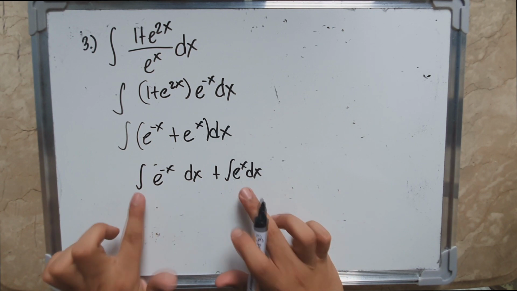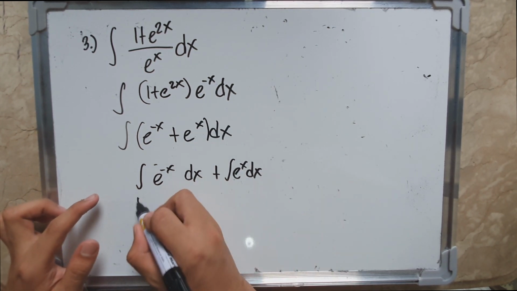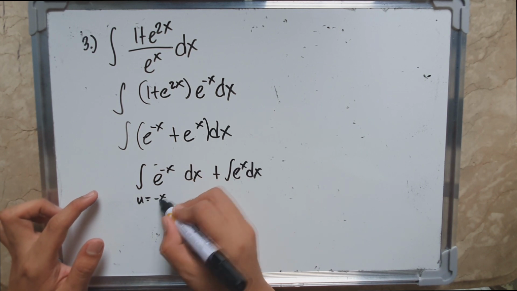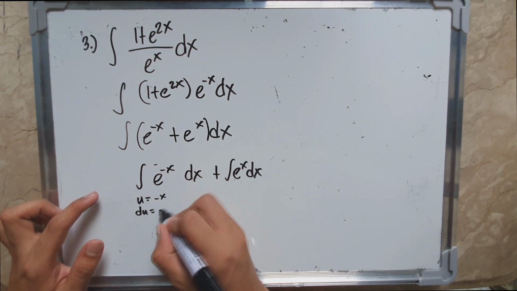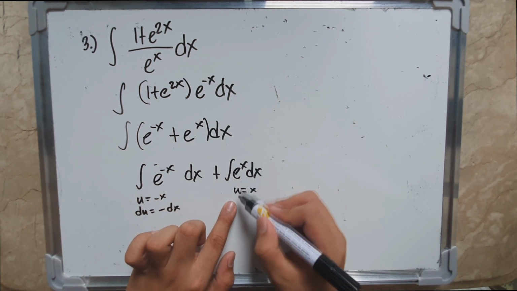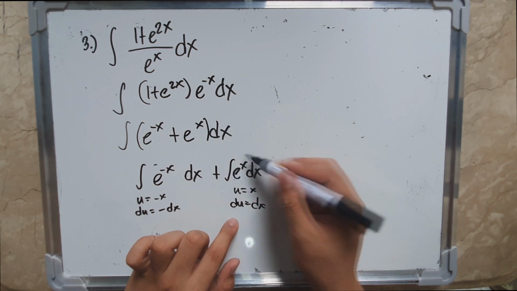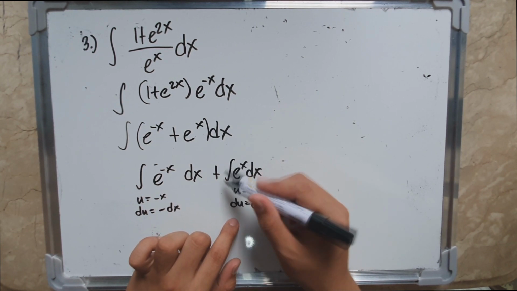Notice that we now have two different integrals. We could assign u's and du's right here. So the u here is negative x, the du must be negative dx. The u here is x, the du here will be dx. This is now good for integration.